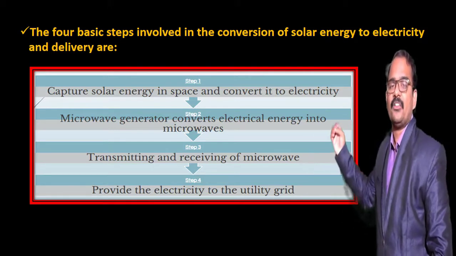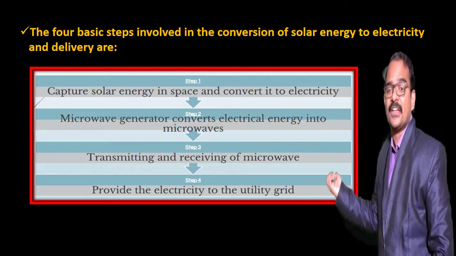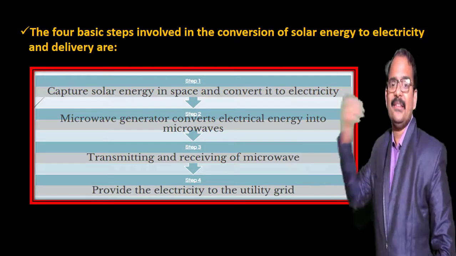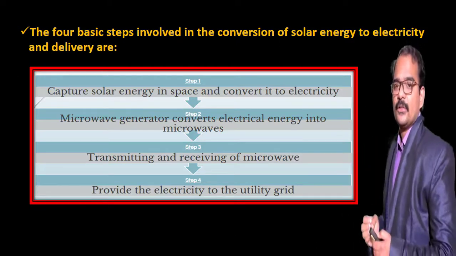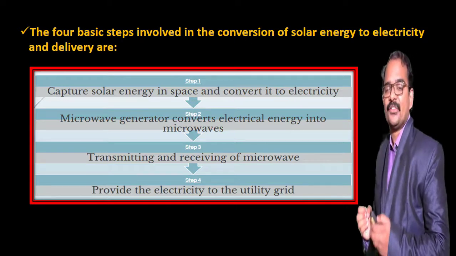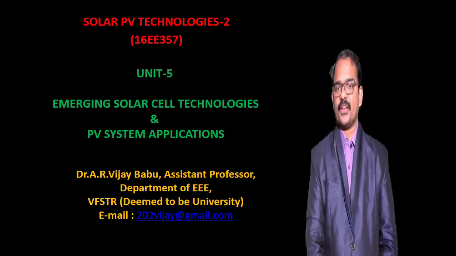The microwaves will be transmitted through space and then received at a ground station by means of a rectenna, which provides the electricity to the utility grid for supplying the cities on the earth. So this is how the solar space satellite system works to convert solar energy into electricity and deliver it wirelessly to the earth.